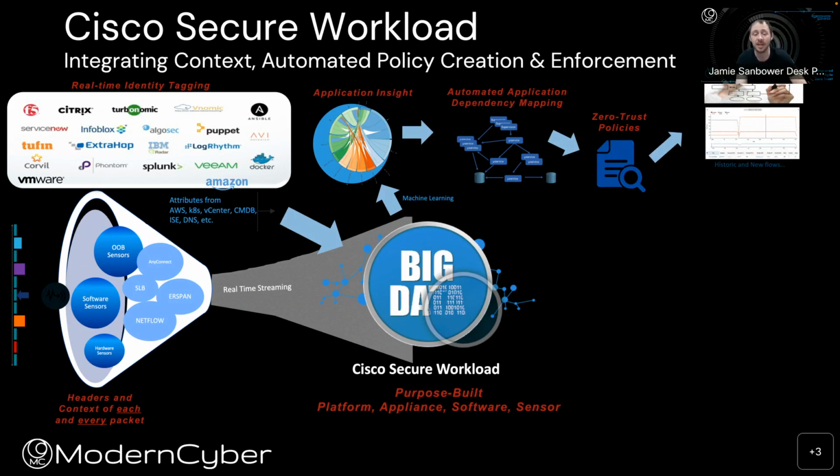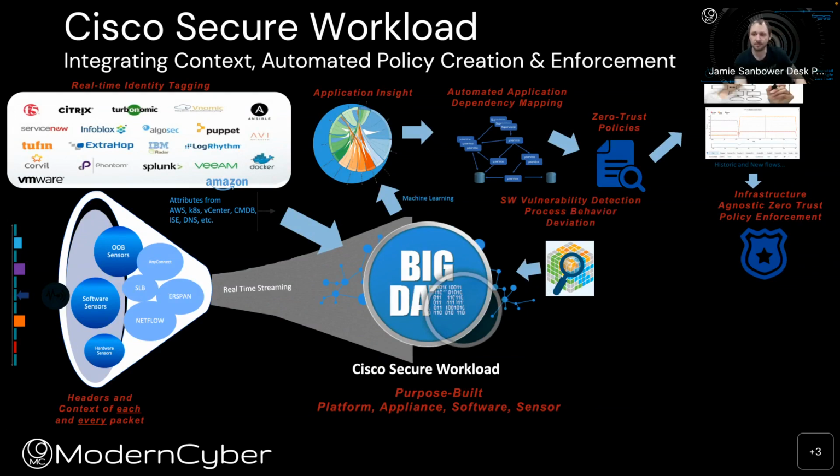And from there, we can actually reduce the risk of deploying that Zero Trust policy. That policy can be implemented on a software enforcement agent, or in many cases, many customers opt to use that policy export and enforce it on things like their next-gen firewall or another third party that actually has a policy engine.